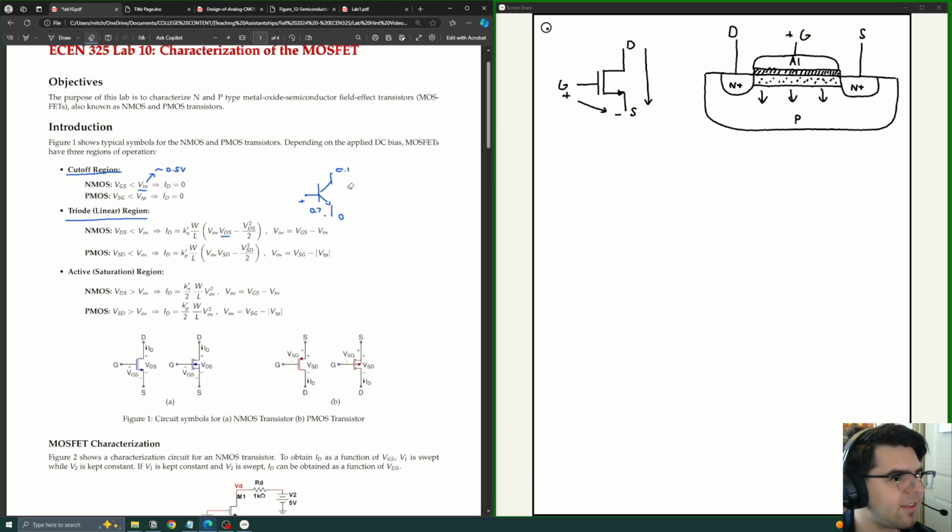This is the exact same thing going on. Now what we're concerned about is whether the drain to source voltage exceeds the overdrive voltage, where the overdrive voltage is how much the gate to source exceeds the threshold voltage. For it to go into the active region, the drain to source voltage has to exceed this overdrive voltage.